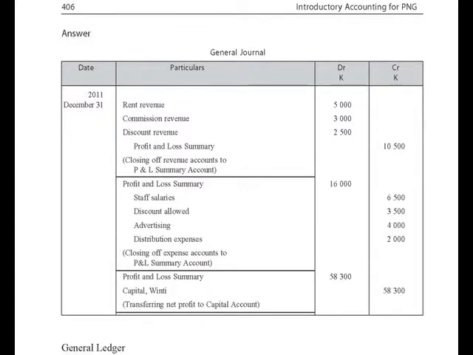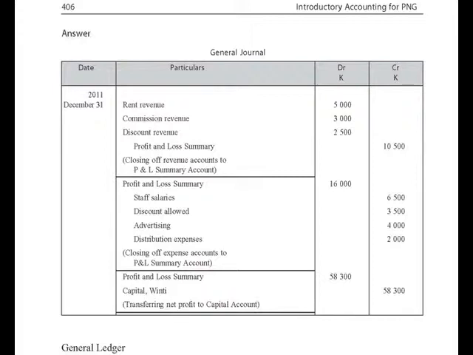So then we have been asked to prepare journal entries. In the journal, all the revenue accounts are debited and the total is credited to the profit and loss summary account. Right? So these are taken from the question. Right? 5,000, 3,000 and 2,500.